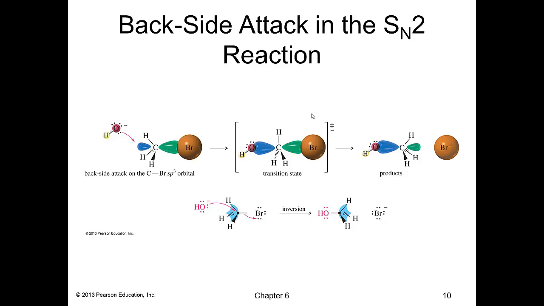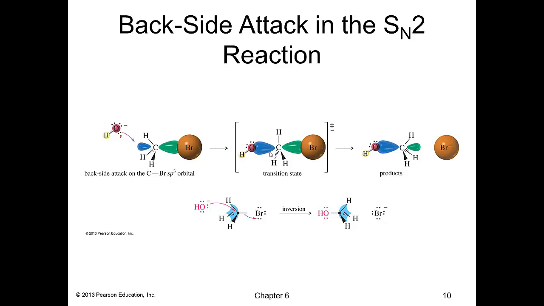Okay, so this is another view of the mechanism in a very pictorial manner. You can see the OH minus doing an attack using the lone pair of electrons, entering into the empty sp3 orbital of carbon.